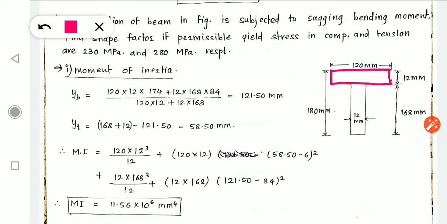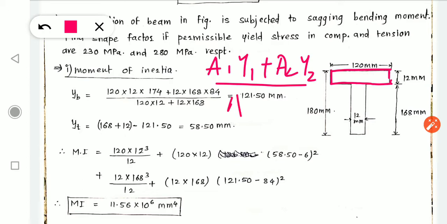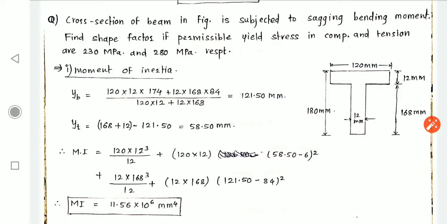I'm using the formula A1Y1 plus A2Y2, which you already used plenty of times in strength of materials, where you calculated y distances from top and bottom, divided by A1 plus A2 and so on, up to however many parts you divide your body into. Accordingly you write your formula.